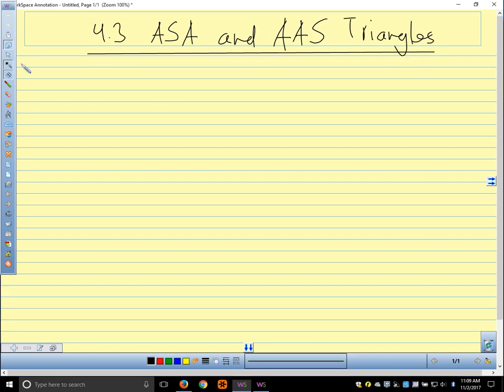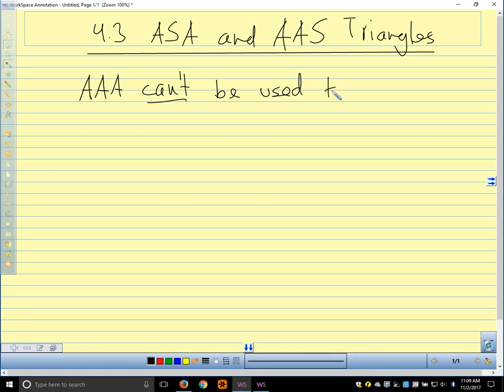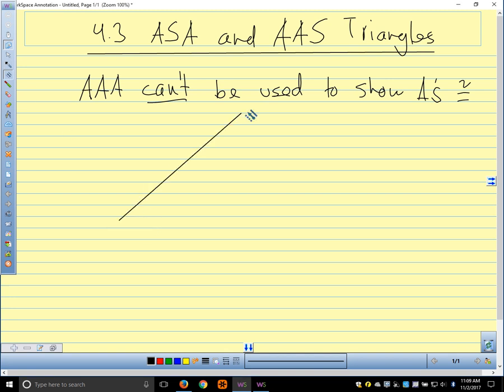All right, so the first thing that I want to point out is that we cannot use angle, angle, angle to show that triangles are congruent. Let me draw a picture to show us why.